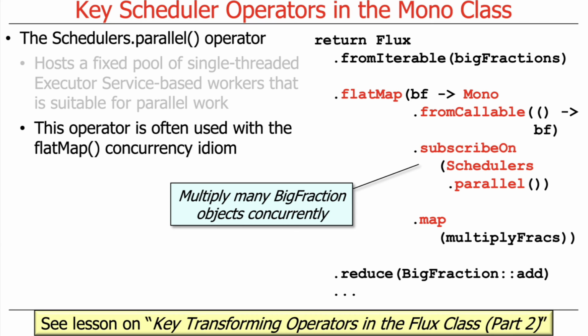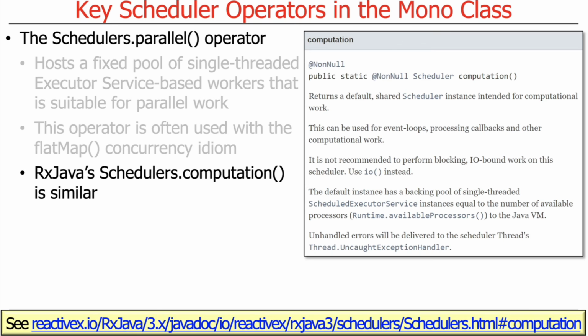So each of those calls is going to run in a background thread coming out of that pool. This is basically like the code we looked at before, but all these computations will run in a thread in the pool of threads that's identified by the parallel factory method, and we're going to have a bunch of those things running concurrently, so they're going to be multiplying many BigFraction objects concurrently. That's kind of what's going on there.